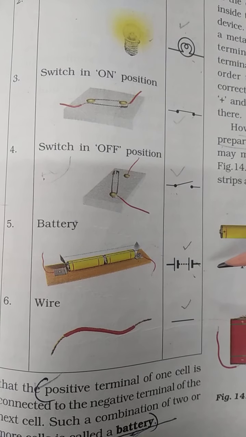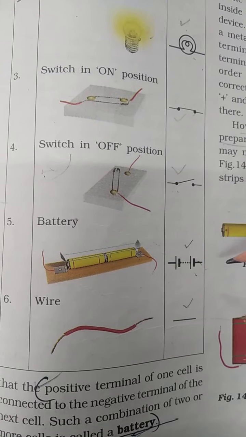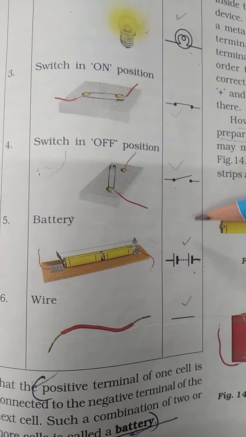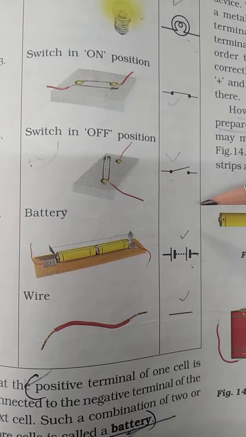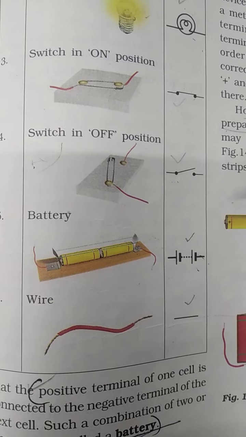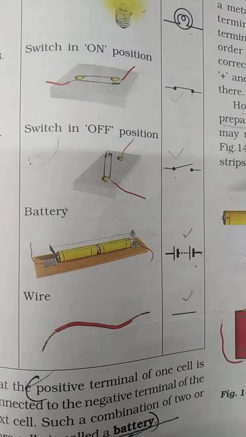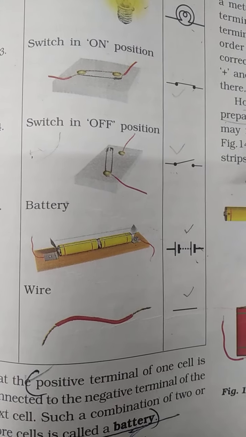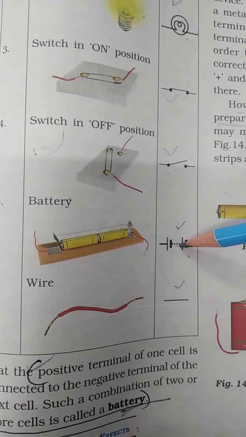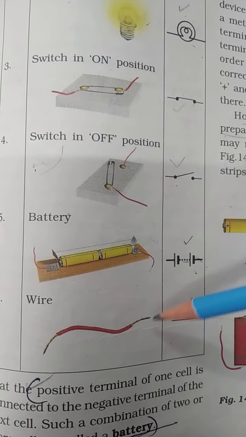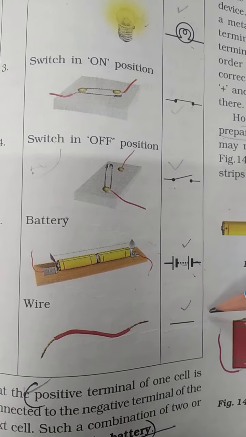A battery is defined as a combination of two or more cells. In a battery, the negative terminal of one cell is connected to the positive terminal of the next cell, and so on. Batteries are used in several devices such as toys, remote control cars, torches and transistors. The wire is represented in this manner.